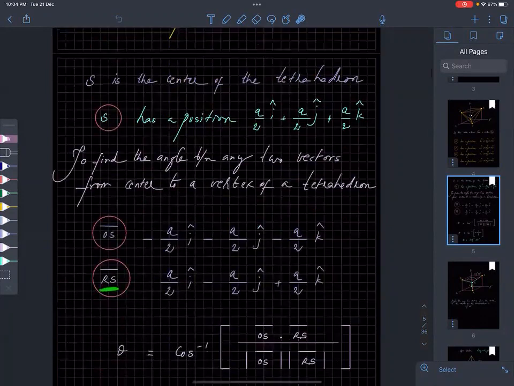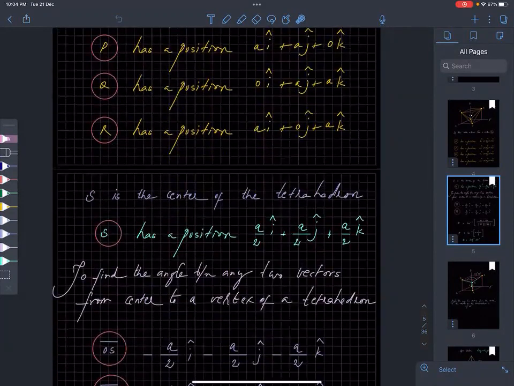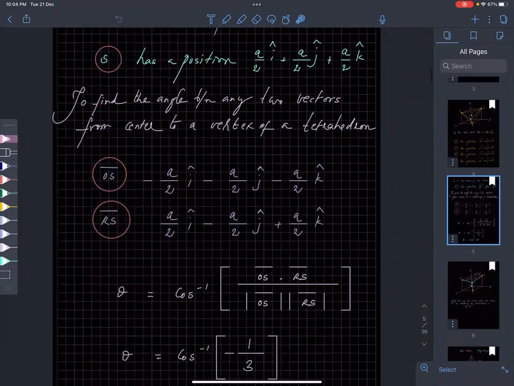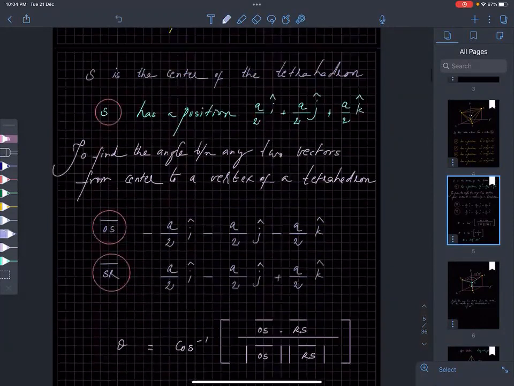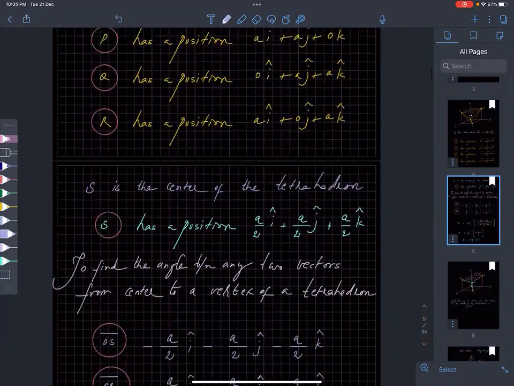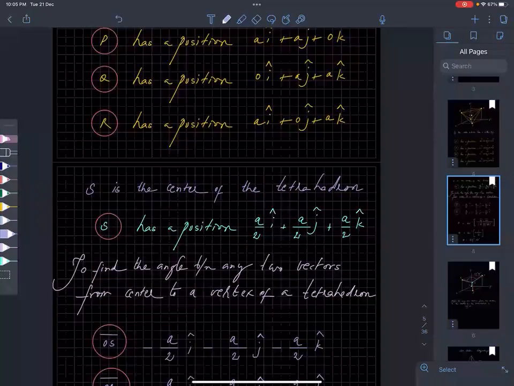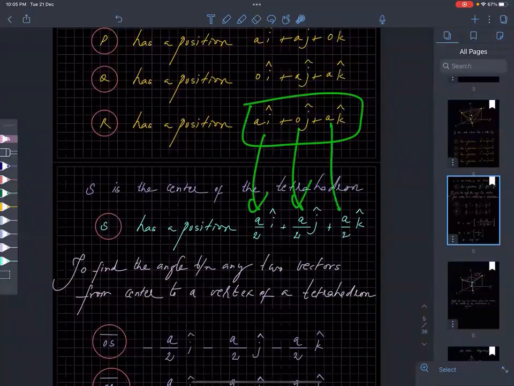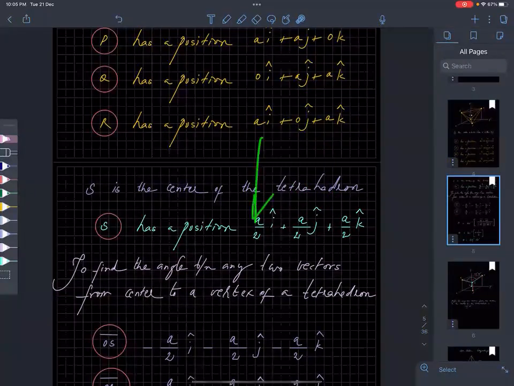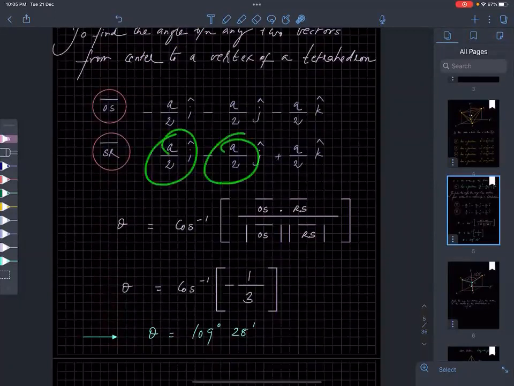So let me write down SR. SR is vector R bar minus S bar. So R bar minus S bar is A minus A by 2, 0 minus A by 2, A minus A by 2. That is A by 2, minus A by 2, A by 2. Clear?